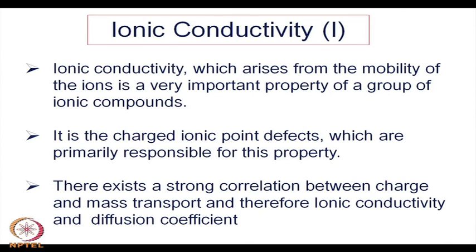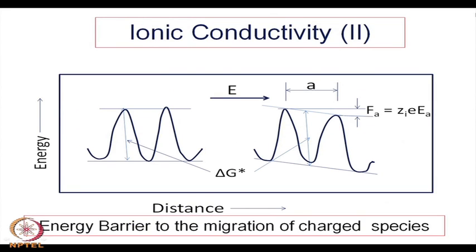So, once again it is related to the point defects, no doubt, but the defect compensation is by ionic defects, they are the more predominant defects in these oxides than the electronic defects, and the extent of stoichiometry is extremely limited. There exists a strong correlation between the charge and mass transport, and therefore between ionic conductivity and diffusion coefficient. So, that is also another point of our interest.